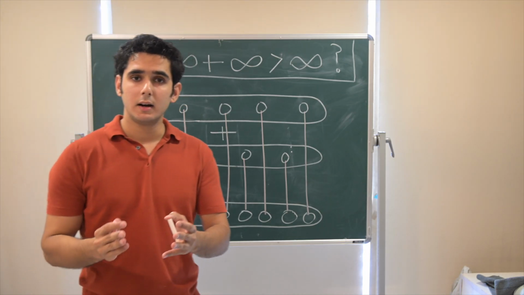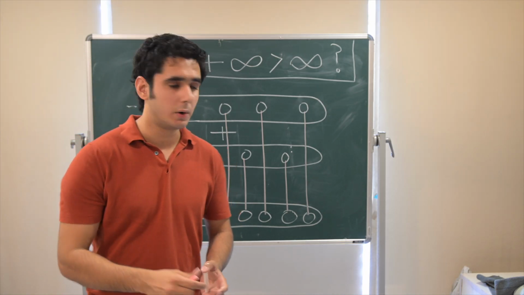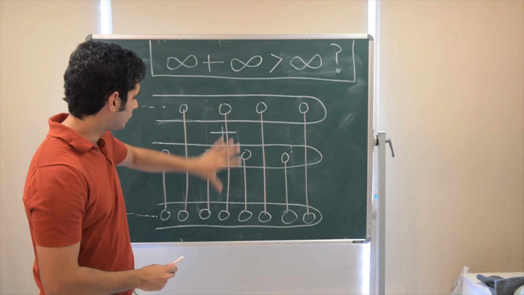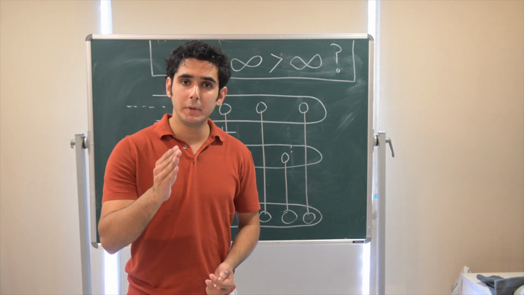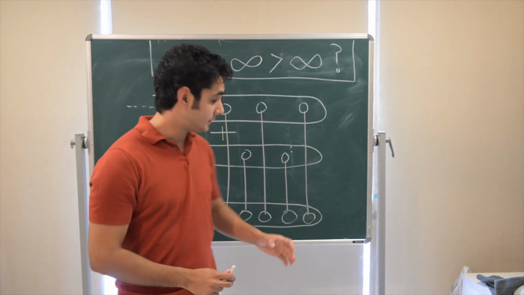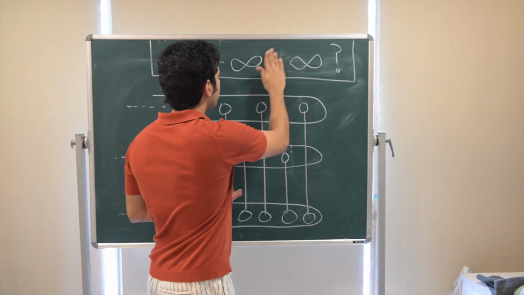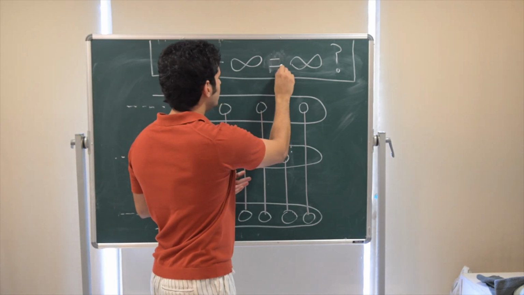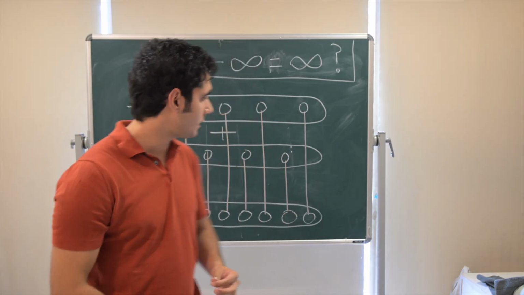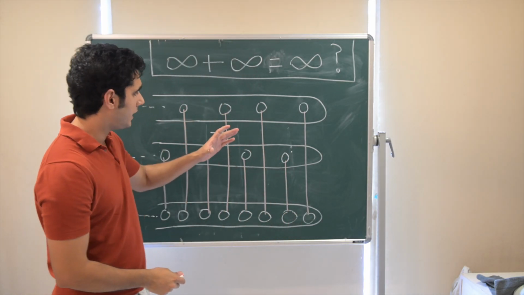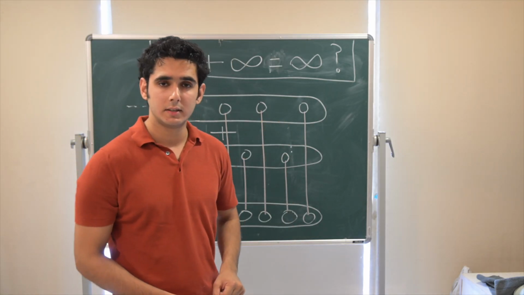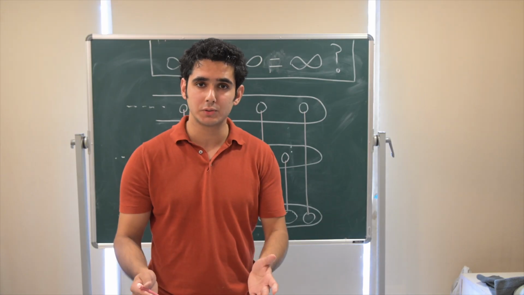Now if you take a second to pause the video and see the match I have created between the two sets, you will be convinced that infinity plus infinity is actually equal to infinity, because according to our definition we have been able to create a perfect match between the two sets. So this candidate too has failed.